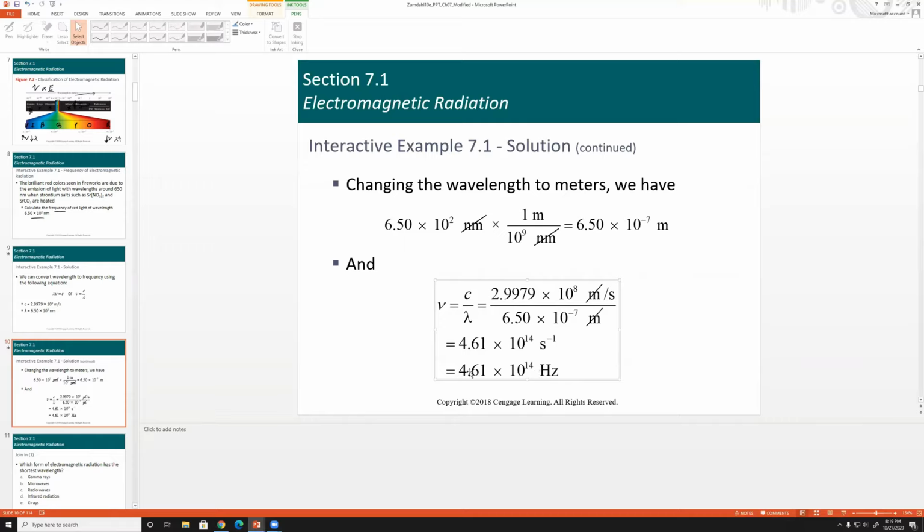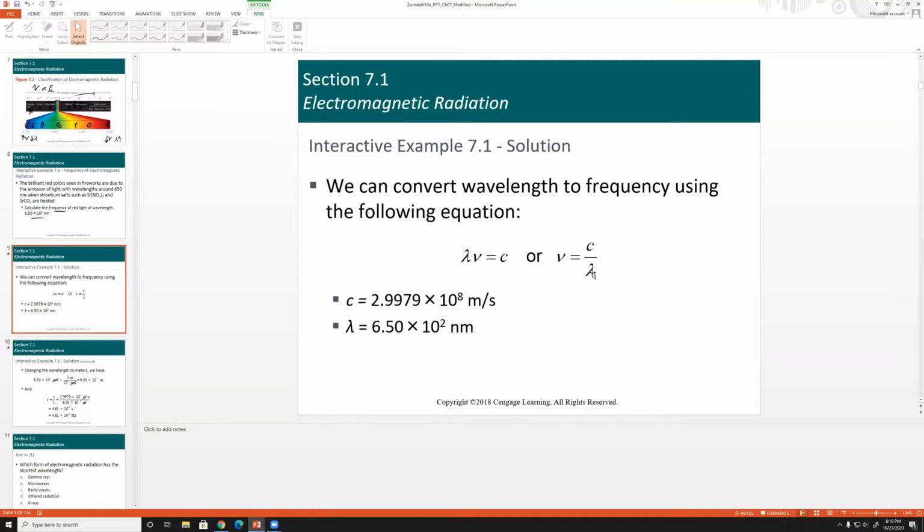So with these EM radiations, it's going to be a lot of hertz, 10 to the 12, 10 to the 15, things like that. Because if you think about it, our wavelength is going to be something 10 to the negative something, usually 10 to the negative 9, 10 to the negative 7. This is in nanometers, we need to make it meters.